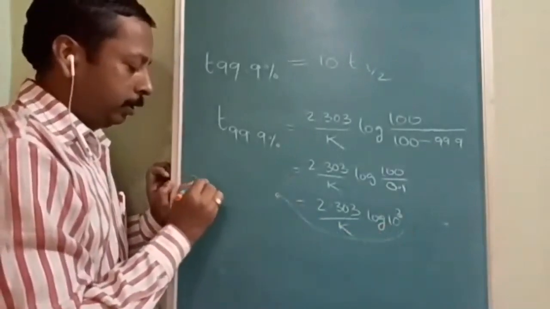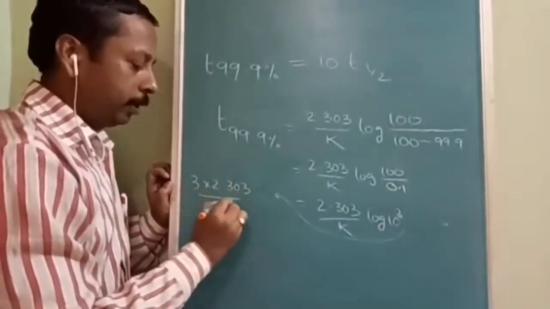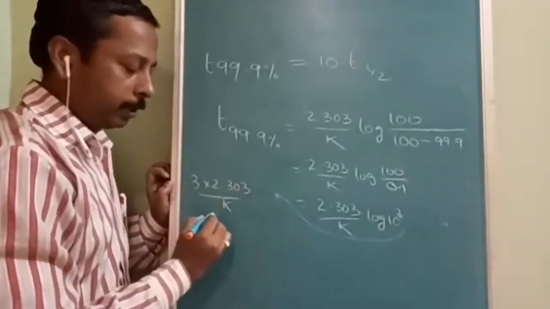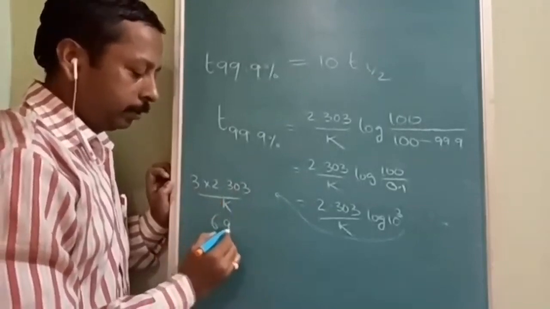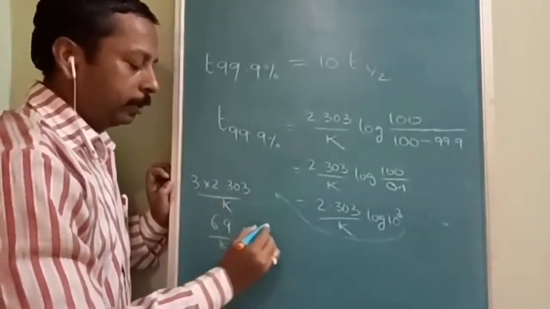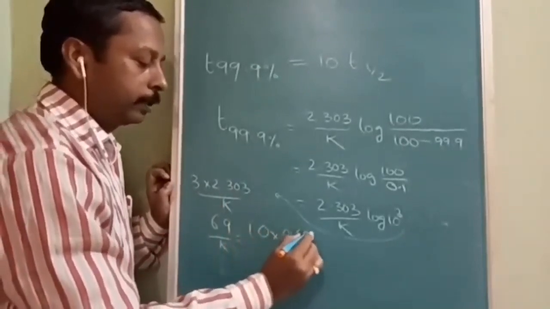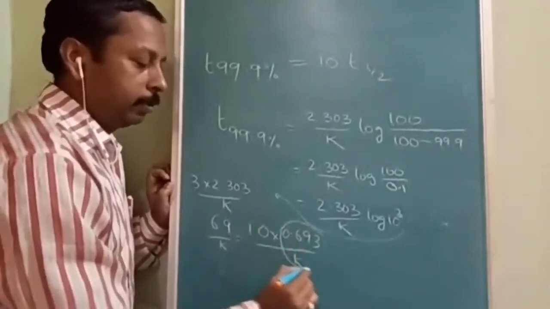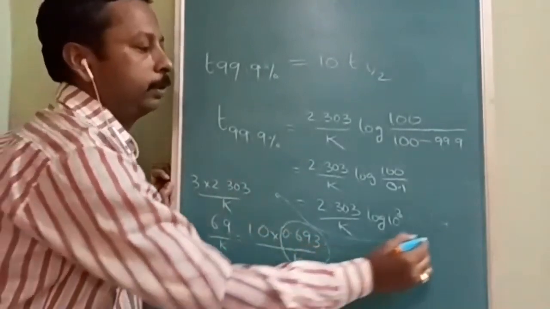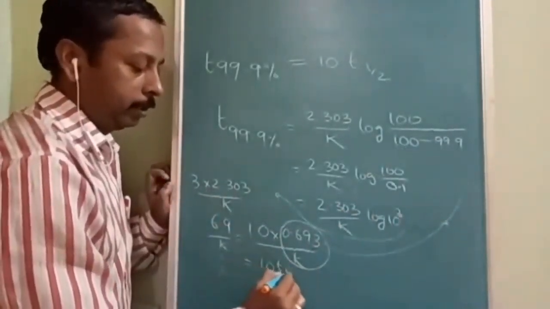So 3 into 2.303 upon K. Okay, so this can be written as 6.9 something upon K, so this can be written as 10 into 0.693 divided by K, and 0.693 upon K is equal to T half. So this is equal to 10 into T half.